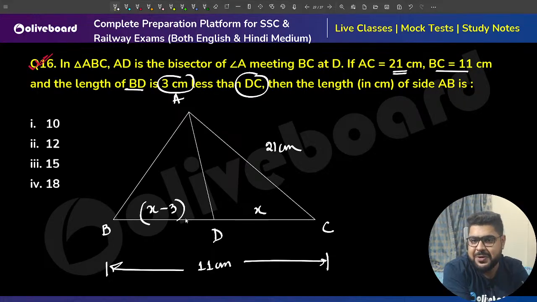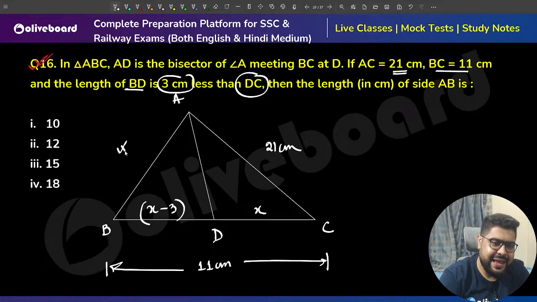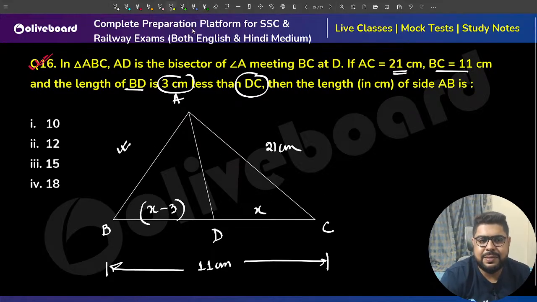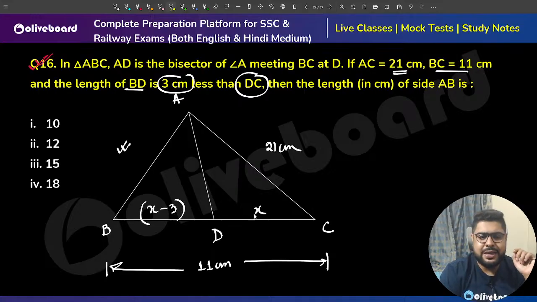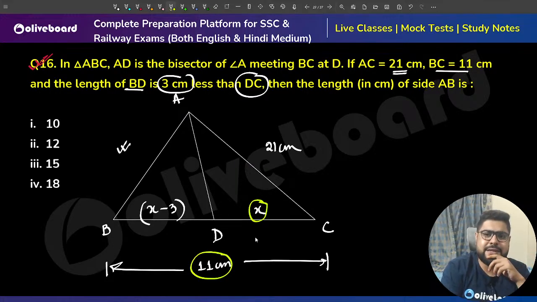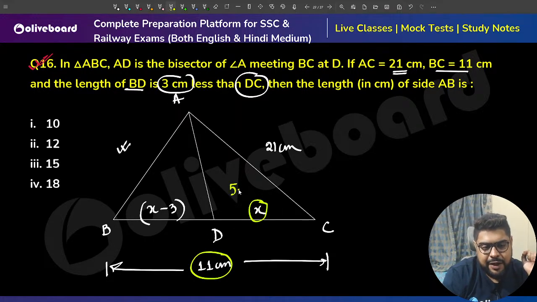They are asking for AB, this length. Any smart person will not take this as X. Why? Because I know this total is 11. If both were equal, each would be 5.5.